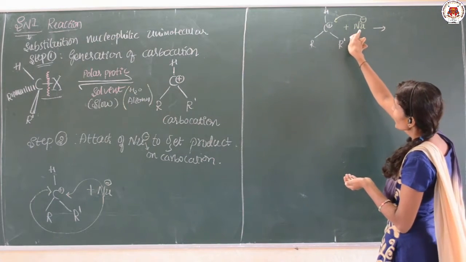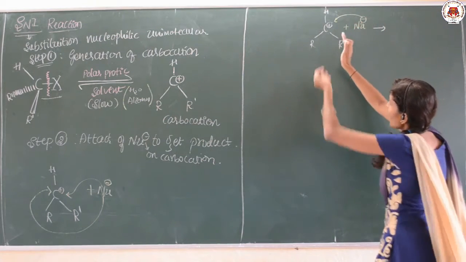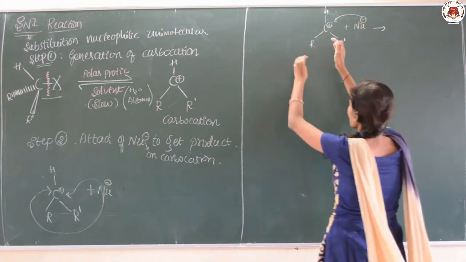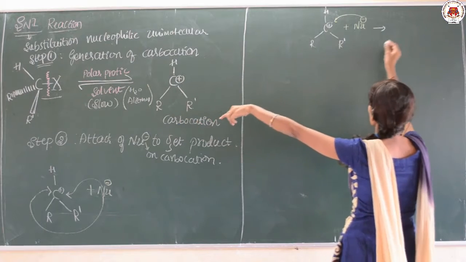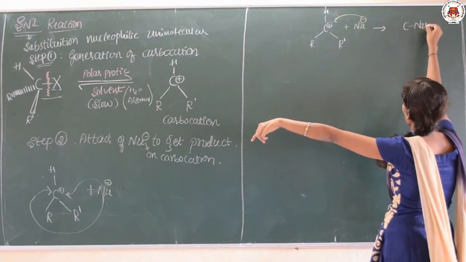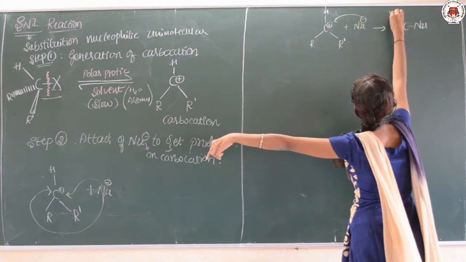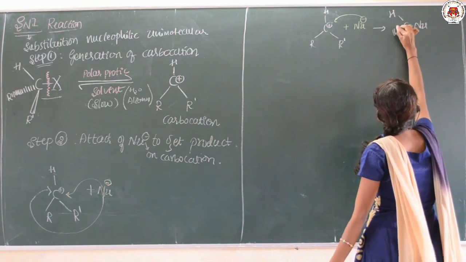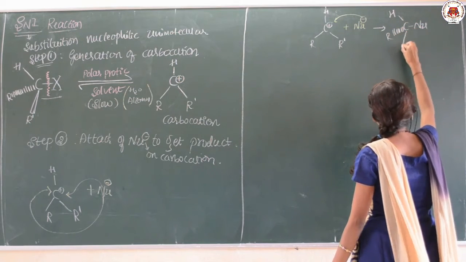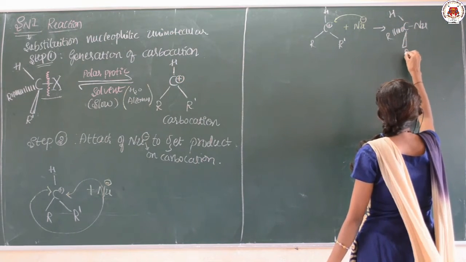See here, the nucleophile is attacking from the front, which means again the groups will move towards a position similar to the previous position, so that our product will be like this, C and Nu, and this will be the H, and this will be the group R, and here it is R dash.